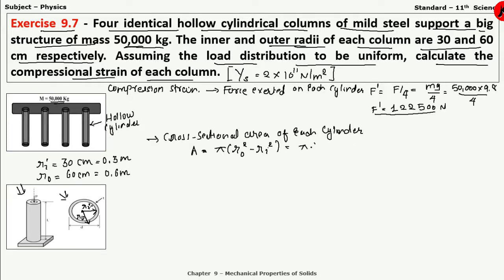So pi into 0.6 whole square minus 0.3 square. Ultimately we get the area A, which is 0.8478 meter square. This is the area of each cylinder.